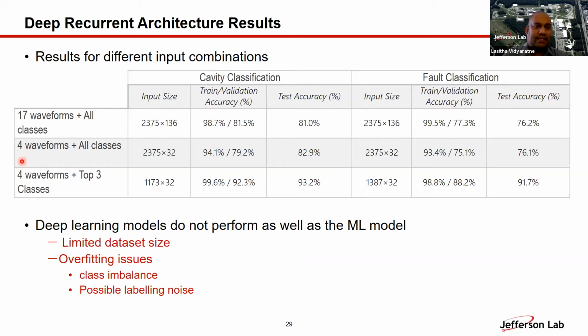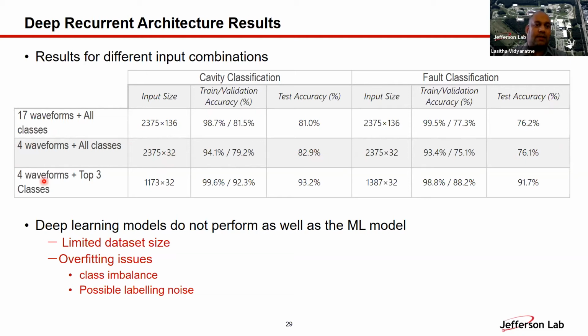The next is 4 waveforms per cavity. From the 17 waveforms, we pick 4 based on the feedback of subject matter experts on the most informative RF waveforms out of the 17, in a bid to reduce the input size so that the network can possibly be trained better. The corresponding performance is shown here.